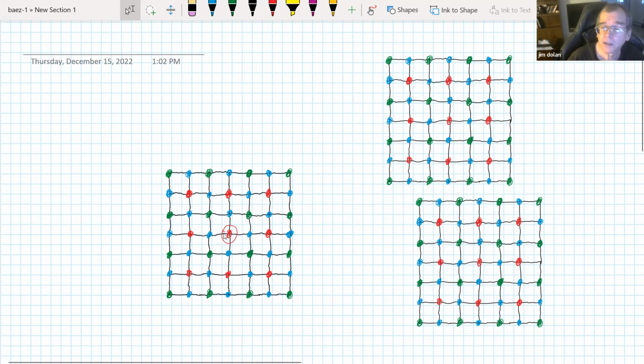And so we can mod out by this point in the plane, or we could mod out by this point in the plane. In other words, mod out by the translation by that amount. We're going to roll it up, mod out by that, or we can mod out by this translation.